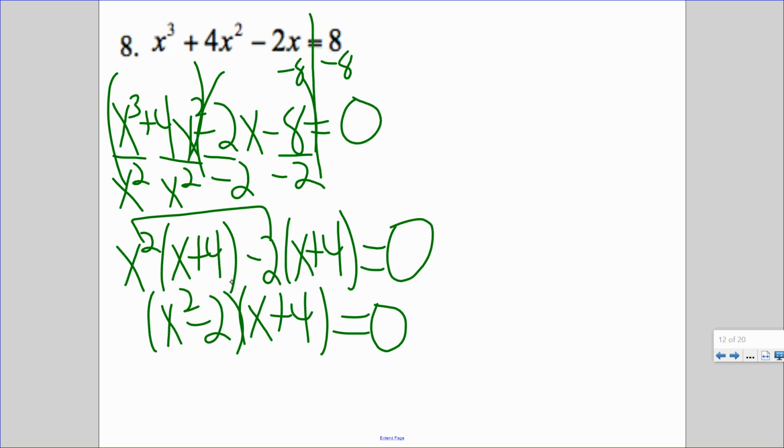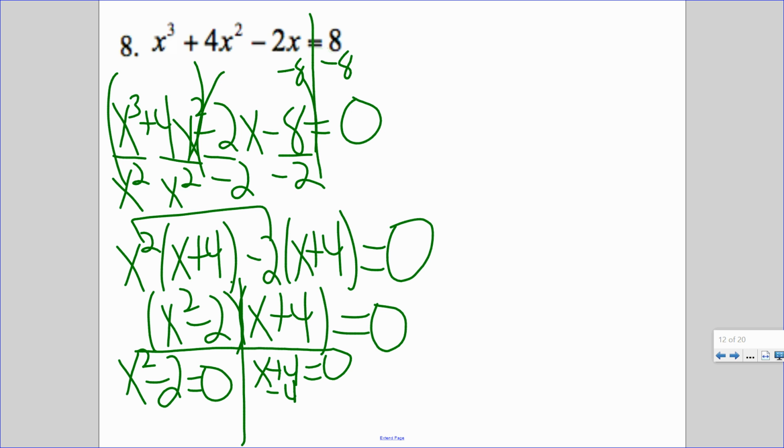Can I factor further? No. x squared minus 2 is almost DOTS, but 2 is not a perfect square. So I have x squared minus 2 equals 0. I have x plus 4 equals 0. The x plus 4 equals 0 is an easy solve, so I'm going to solve that. Done. The other one I'm going to bring up over here.